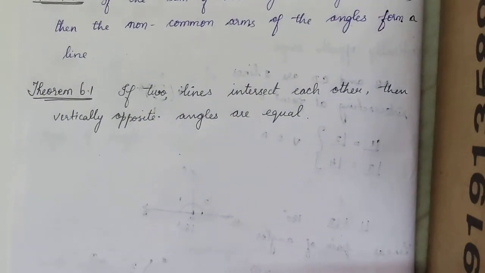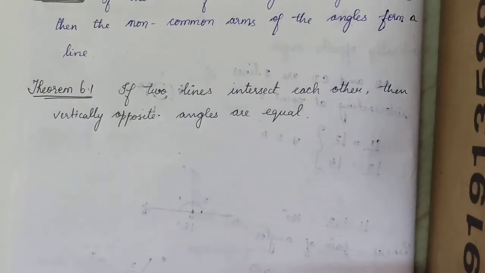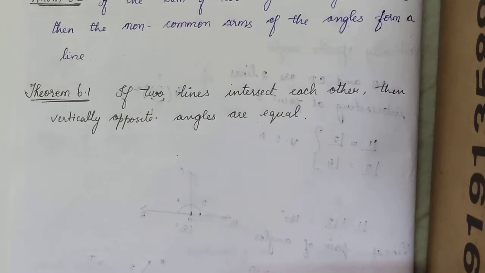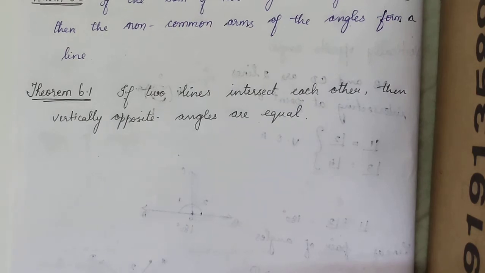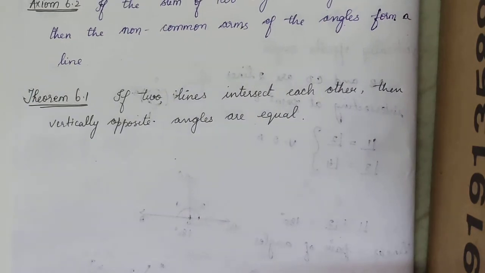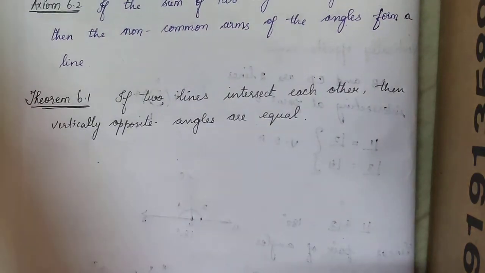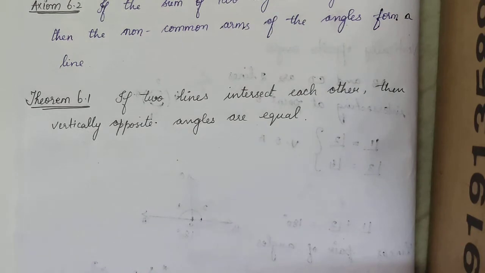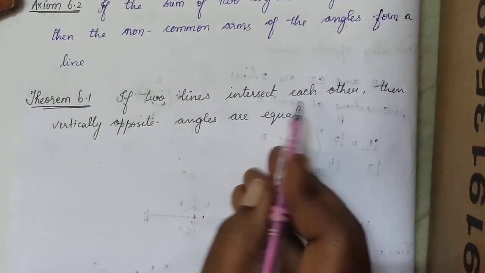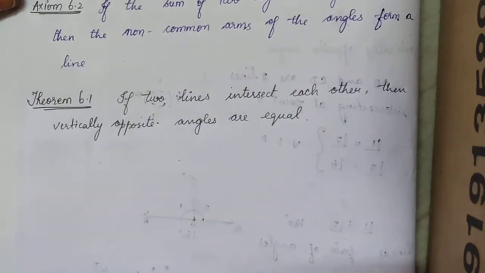The next topic which we are going to discuss is theorem 6.1. If two lines intersect each other, then vertically opposite angles are equal. Now for this we have to give the proof. Just now we have discussed about this one. Now see here, two lines intersect each other.